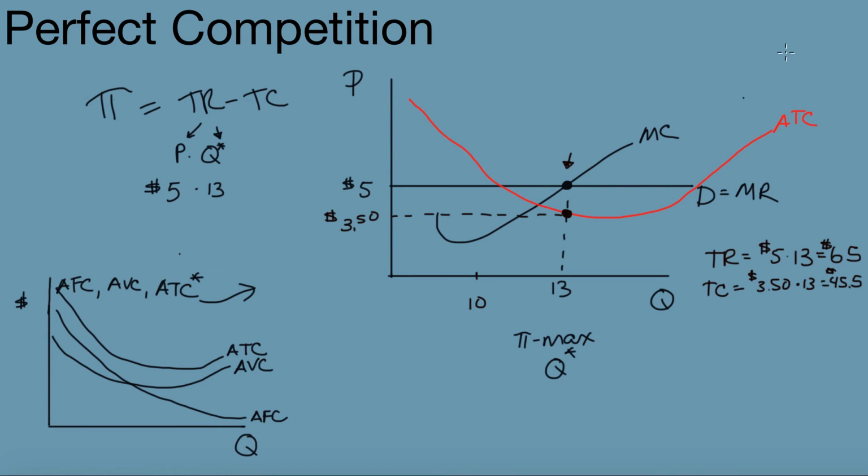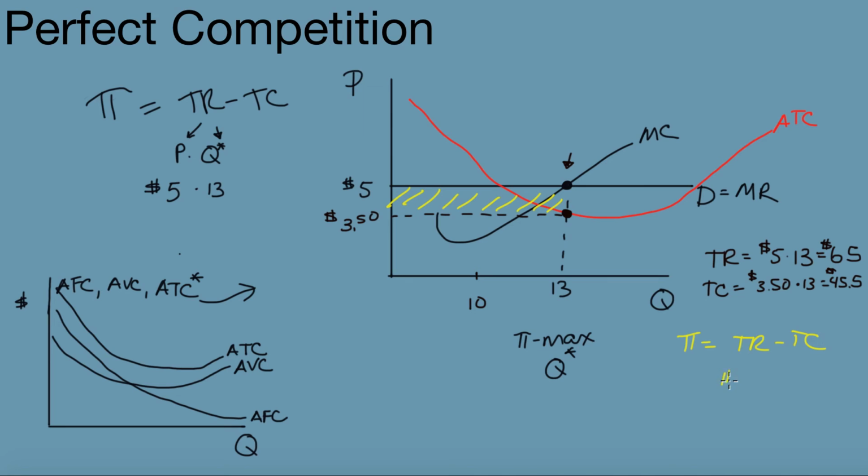So this firm has positive profits. Let me grab a different color. This area in here is the positive profits that the firm has. It looks like this firm has positive profits of $19.50, with $65 being how much they're bringing in. Profits are equal to total revenue minus total cost.